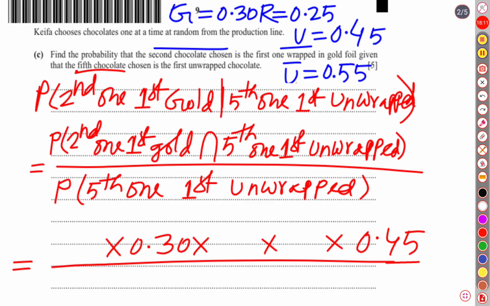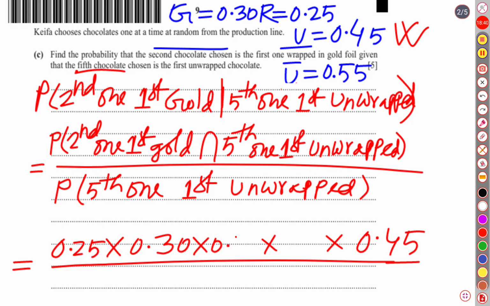So the first one can only be red, and the probability is 0.25. Then the third and fourth: the third one can be any wrapping except unwrapped. Unwrapped is 0.45, so non-unwrapped is 0.55.